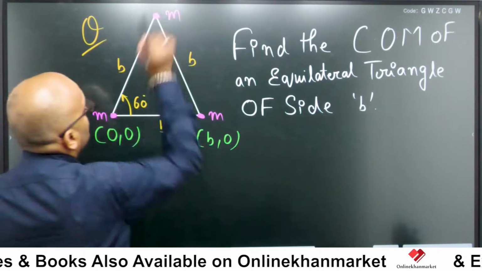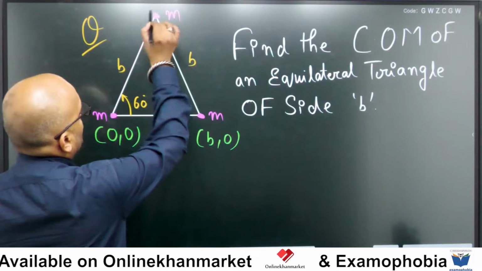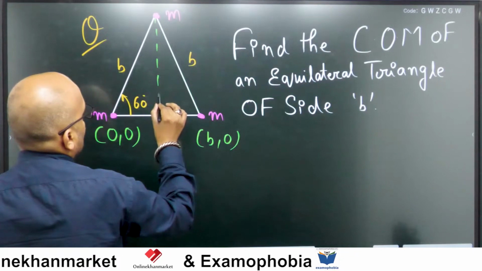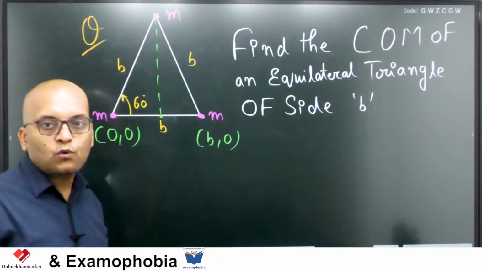Now please look here. Let's talk about this m. Please pay attention. This third mass is located at some height, as you can see. First, let's talk about its x coordinate and then we will focus on the y coordinate.